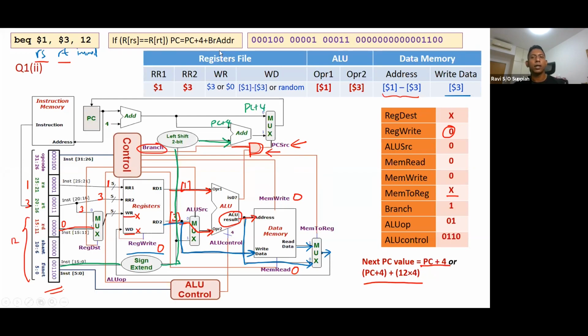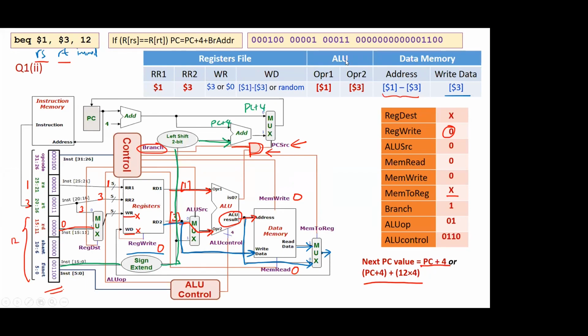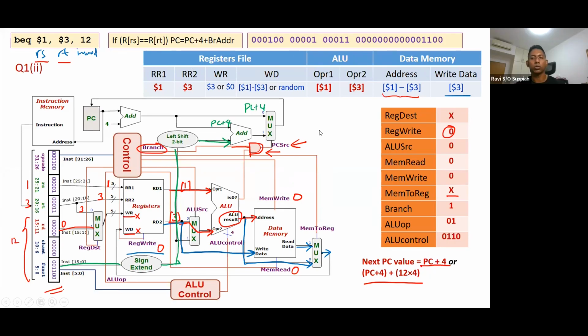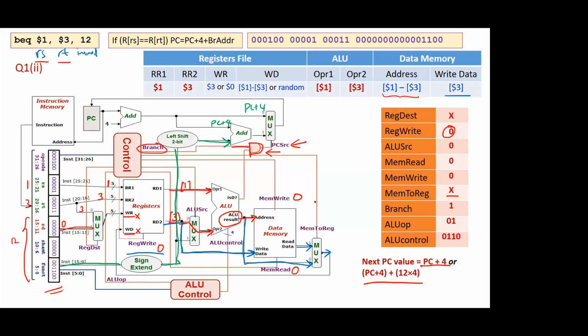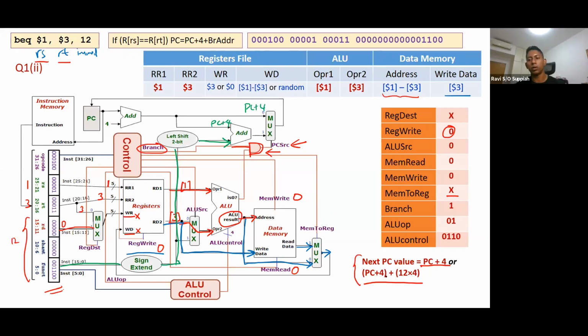Does anybody have other questions about the flow and the control signals? What is PC source? PC source is the control signal that will decide whether I take PC plus 4 or PC plus 4 plus the branch offset.